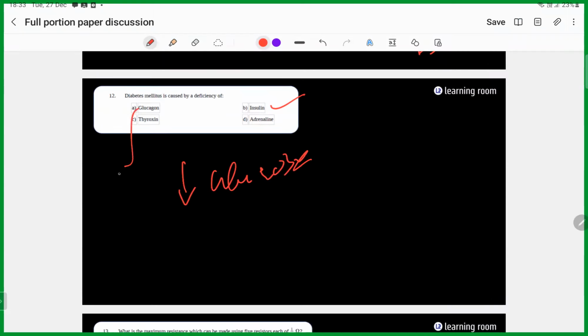Glucagon increases blood sugar level. What is the function of thyroxine? It's responsible for the metabolism of carbohydrates, fats, and proteins, and it maintains the basal metabolic rate.